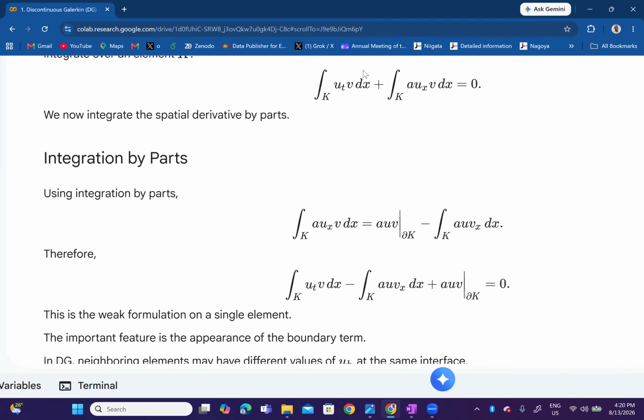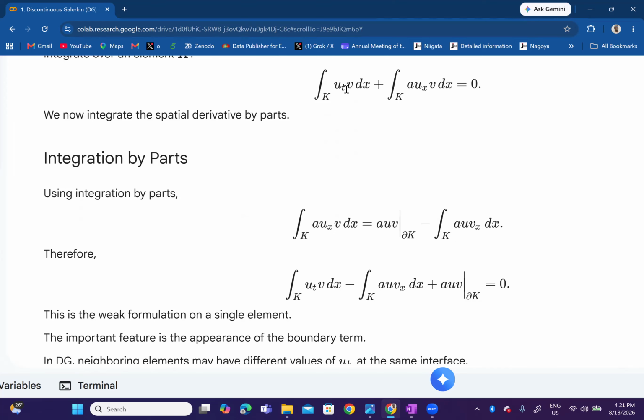So we have this first part, the integral of u sub t v dx. Since the spatial expression is now this whole thing, we put it here instead.